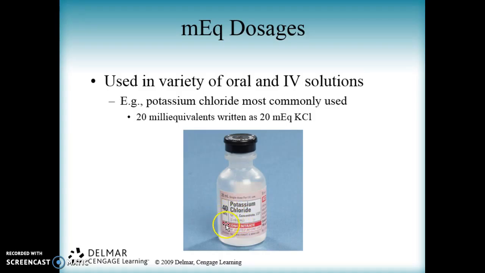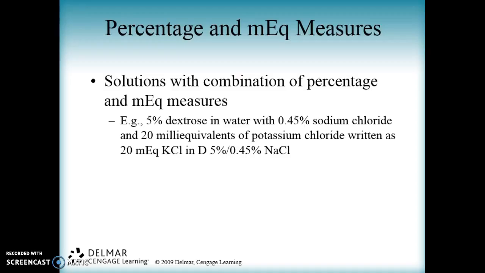So not only do we have 40 milliequivalents in 20 mils, down here it tells us that means we have 2 milliequivalents in every single mil. So you'll see it written in both ways. Sometimes on labels, both the way what's actually in the bottle as well as the reduced fraction.